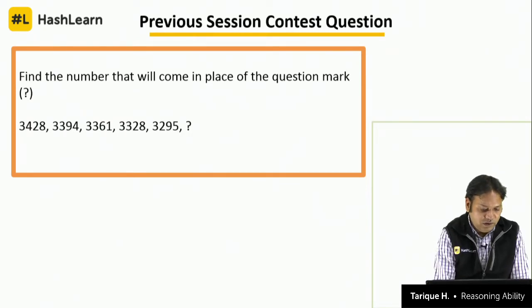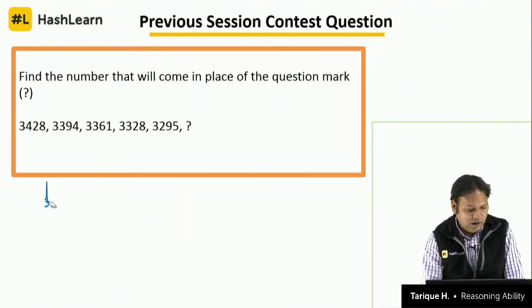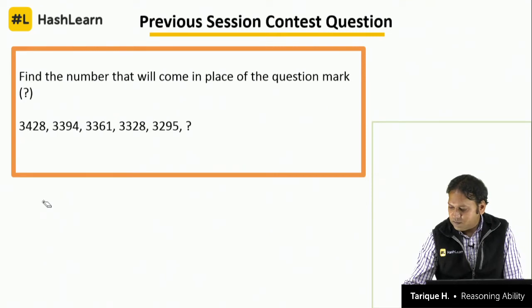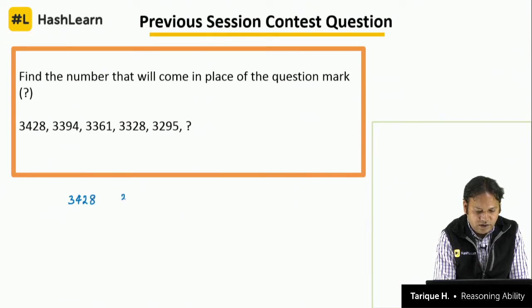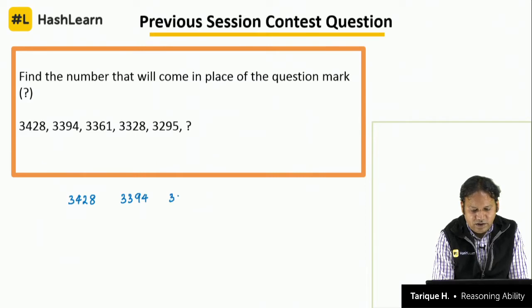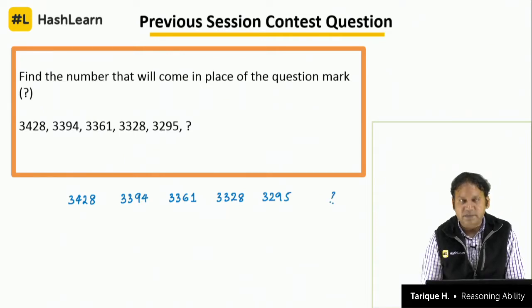Let's say the first number is 3428, the next one is 3394, then we have 3361, 3328 and 3295, and we have to find out what will be the next number.